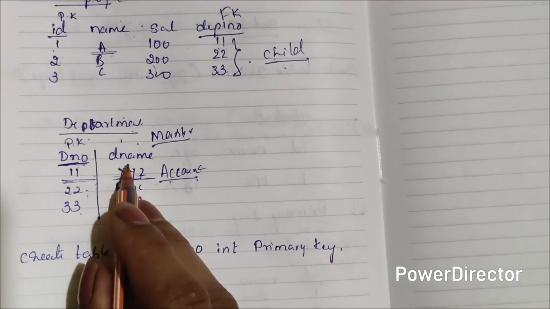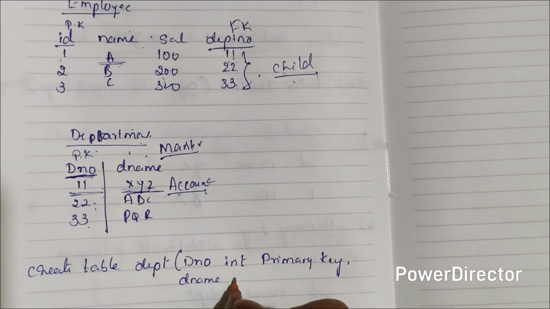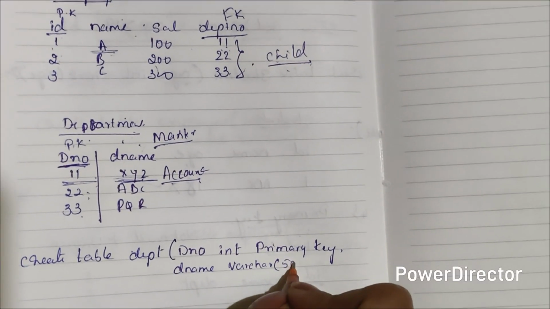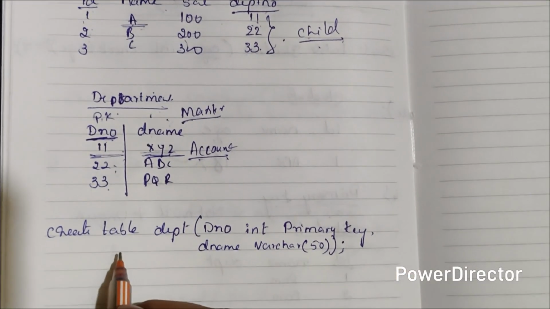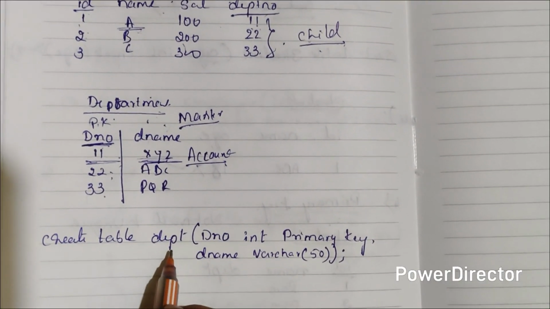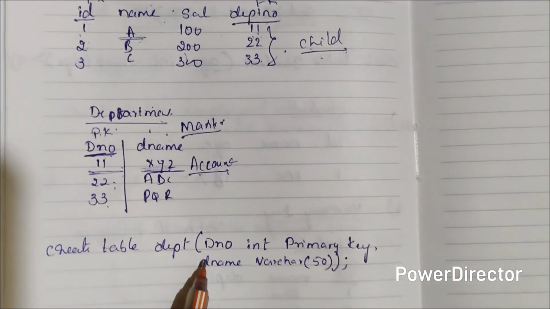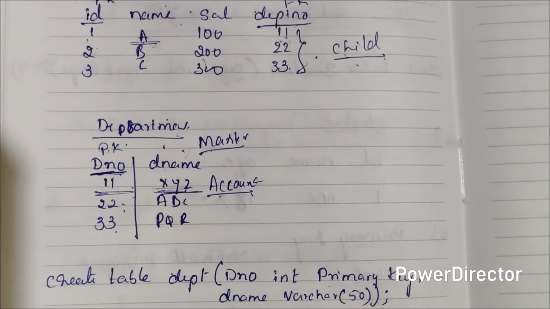And one more column, department name. I'm making this a variable character of 50. So I created the table department, with department number as a primary key. Now I need to create one more table, the employee table.